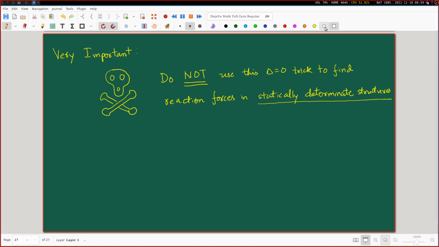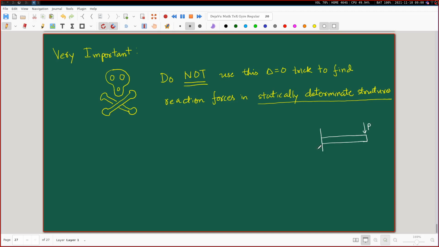For instance, if you have this cantilever beam with this force P, and you know for a fact that the deflection at this end is going to be 0, please do not try by some trick to find the reaction force, which is just equal to P at this end, through that method. Maybe in some weird scenario you may end up with a correct answer, but in general you will end up with the wrong answer.